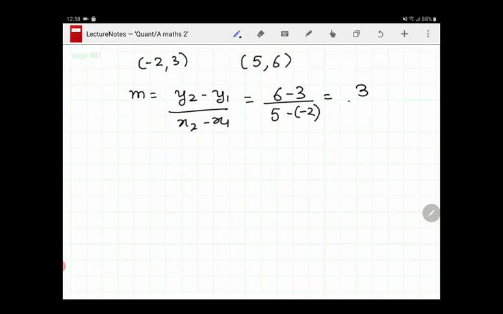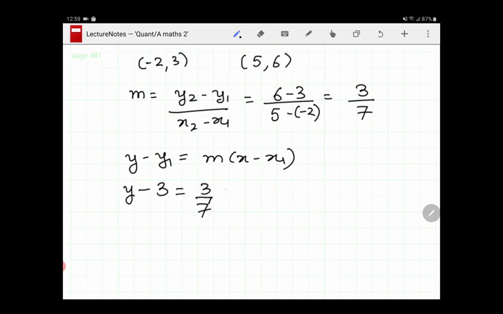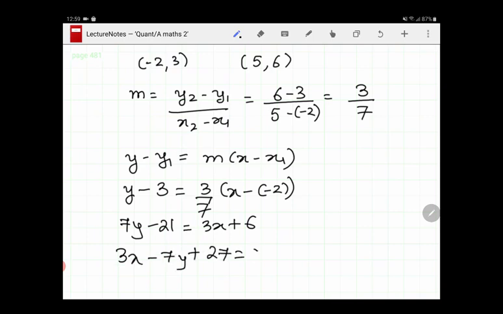So that is equal to 3/7. Using y - y1 = m(x - x1), we get 7y - 21 = 3x + 6. So 3x - 7y + 27 = 0. We get the same equation even by using the format y - y1 = m(x - x1).